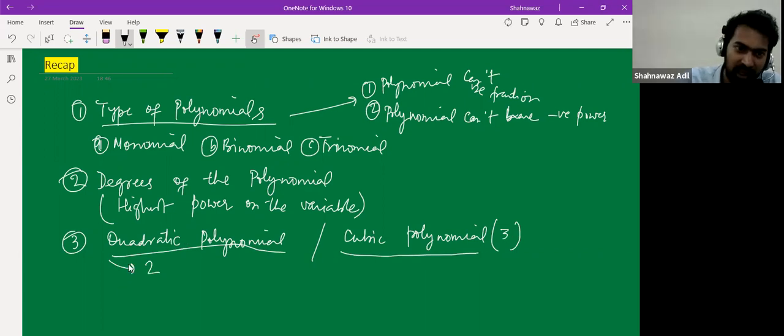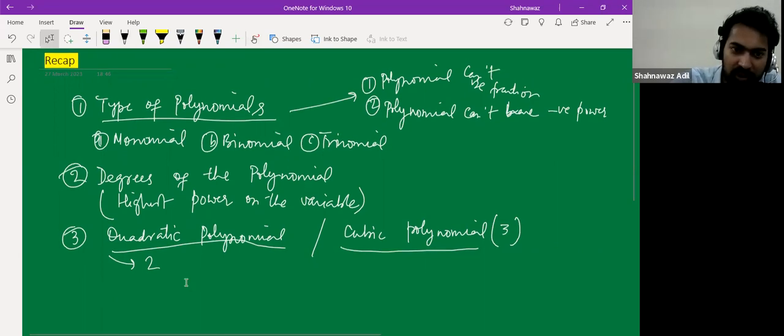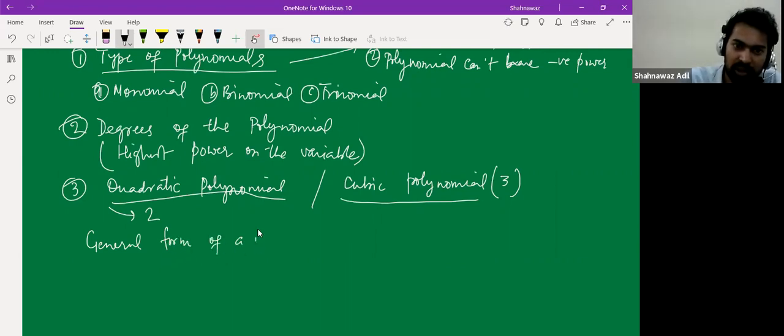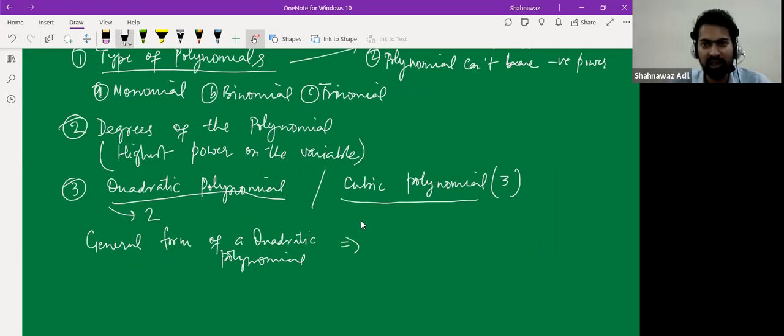And what was the general form of a quadratic polynomial? ax squared plus bx plus c equals 0. If we write equals 0, that is a quadratic equation. But the quadratic polynomial is ax squared plus bx plus c.